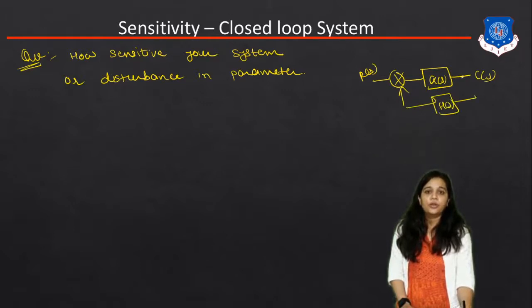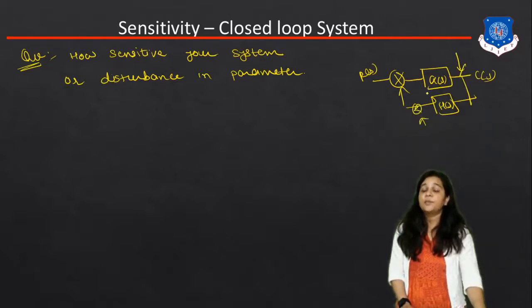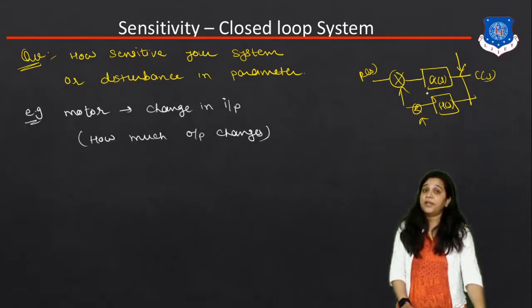The disturbance can arise in the forward path, and it can arise in the feedback loop. So how sensitive is your system? If we take one example, suppose a motor runs whenever the input is applied. So whenever input is applied, we get the output.